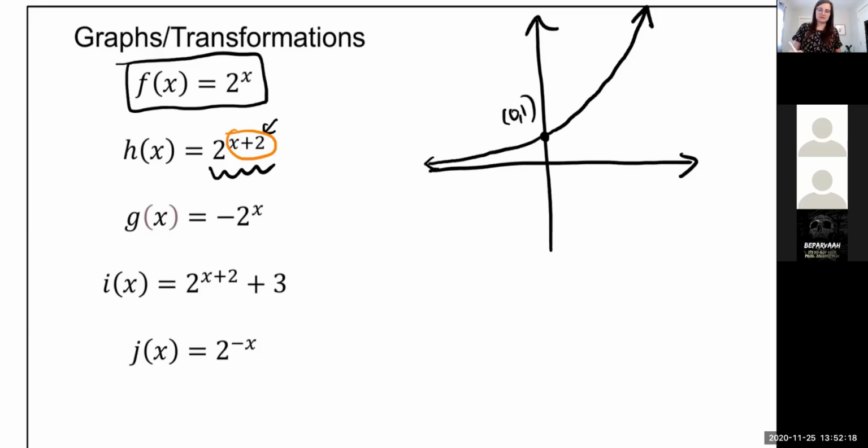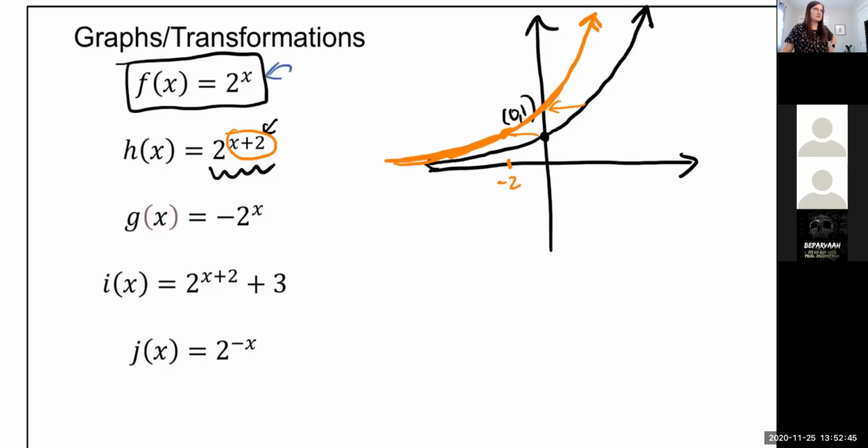And so you would be going back by 2. So at -2, you'd have a 1. It's just directly shifted left 2. Whatever point was here is going to come back. So same sort of transformations that we did before. Start with what you had here and create those transformations.